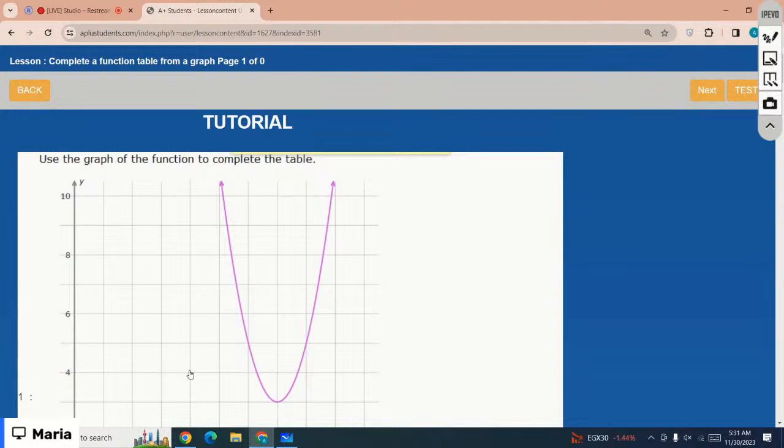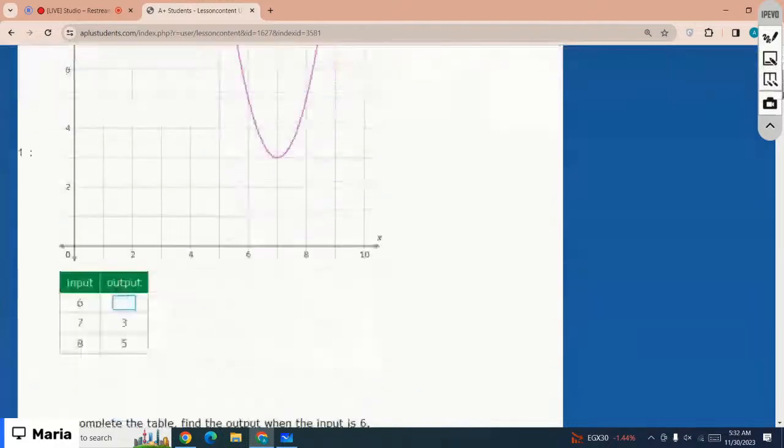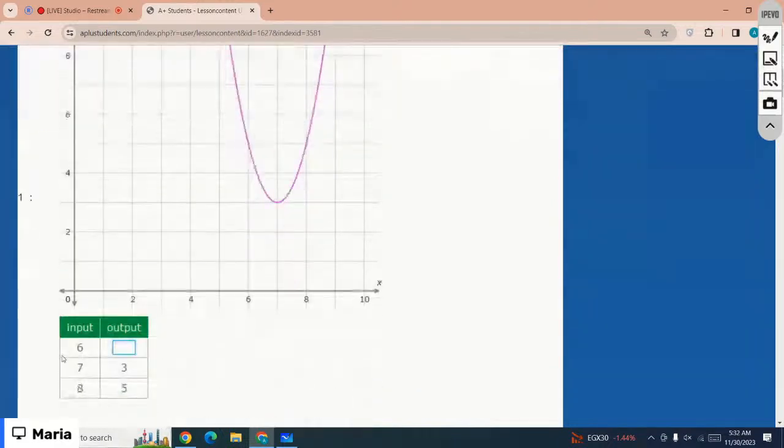Okay, use the function of the graph to complete the table. So you are given a graph, you have to complete the table. Here the input values and output values are given. The input value is 6, x is 6. You have to evaluate the value of y. So here x equals 6, just match it to the graph.